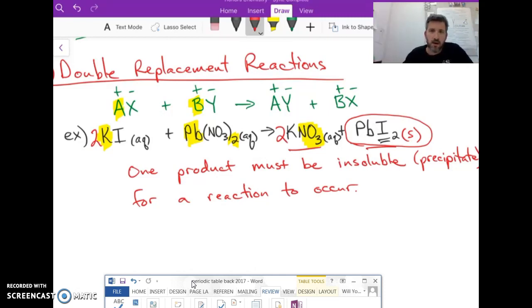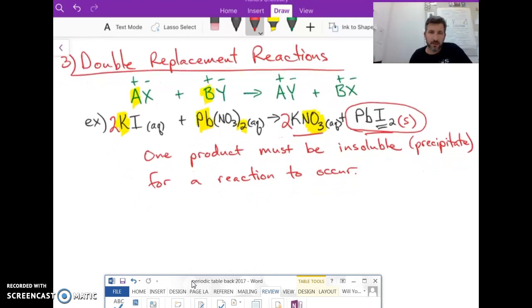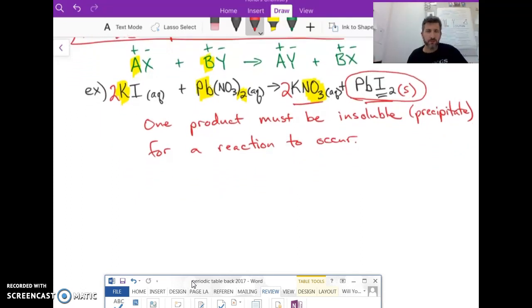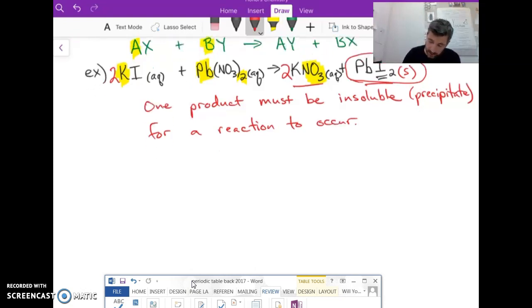Right? A simple sort of model for this, if we were to kind of draw why it is that we need an insoluble precipitate to form in order for this to be a reaction, is if I just kind of look at a picture of what these would look like. Let's say I have KI in one beaker. So this is my KI, and it's aqueous.